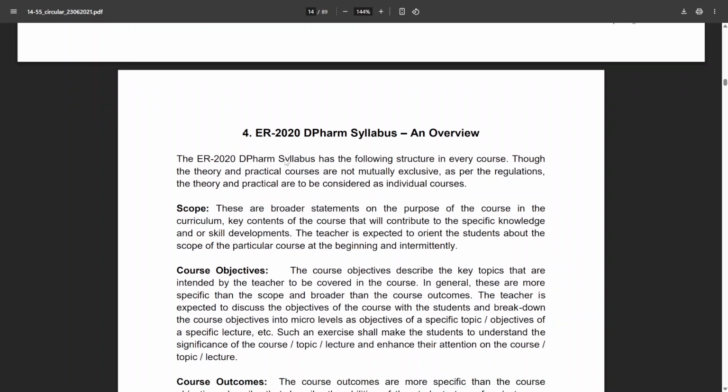For example, the Education Regulation Pharm syllabus has the following structure in every course. Though the theory and practical courses are not mutually exclusive as per the regulation, the theory and practical are to be considered as individual courses. Definitely theory is very different from the practical. You read in the theory but you learn in the practical, right?